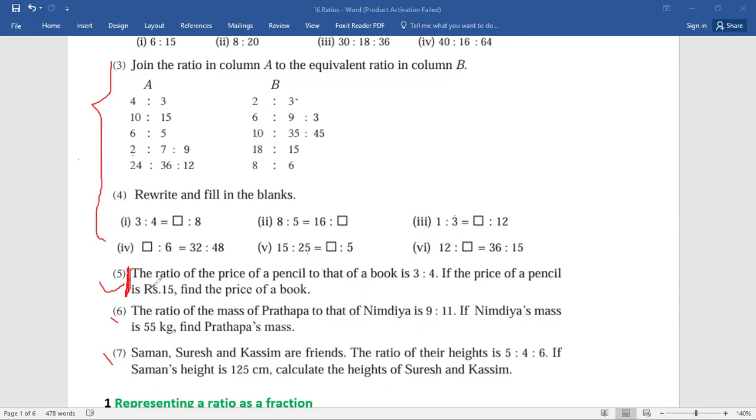So doesn't matter. For now, please write the 5th one and let me know. Write it, and please let me know when you finish. I will show you how to do this, step by step. Then you have to do the 6th one.